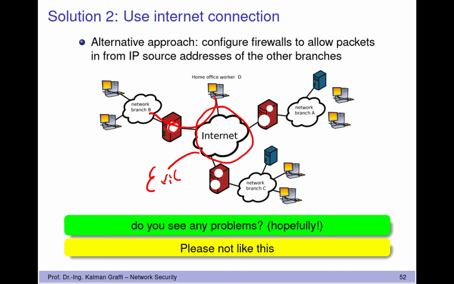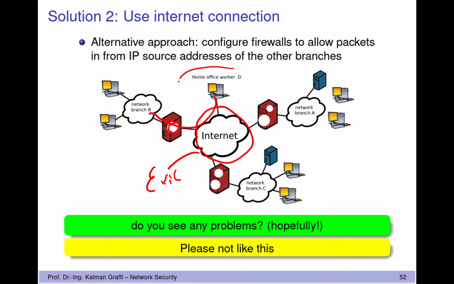So we learned already through the firewall configuration how we can allow incoming traffic from various IP addresses and put a filter on which IP addresses are allowed to send us messages to our internal network.